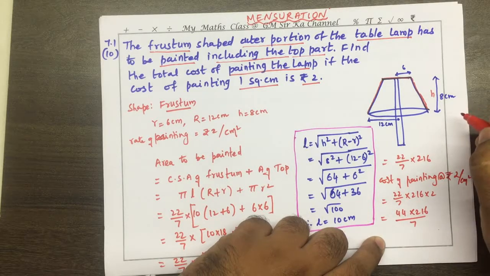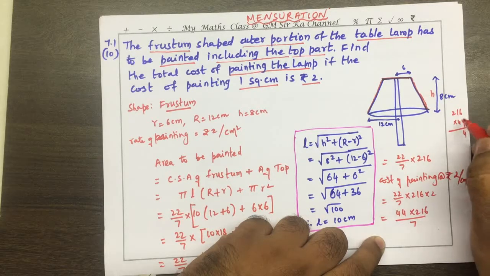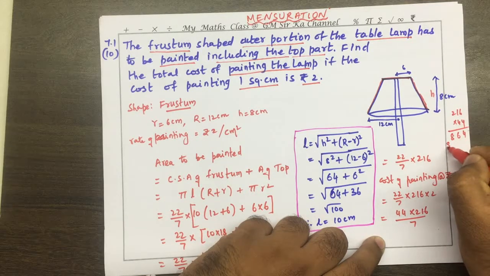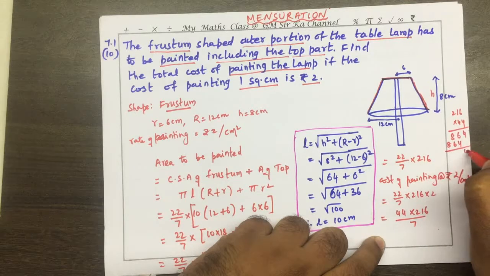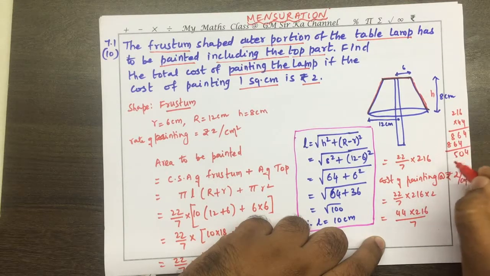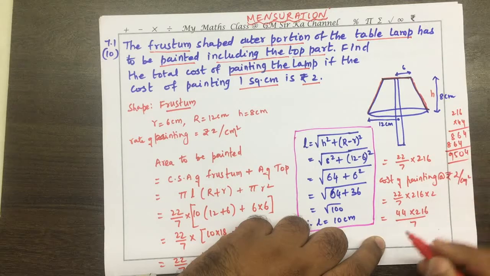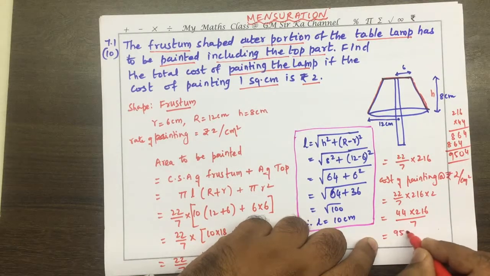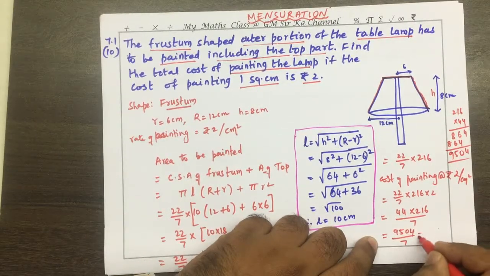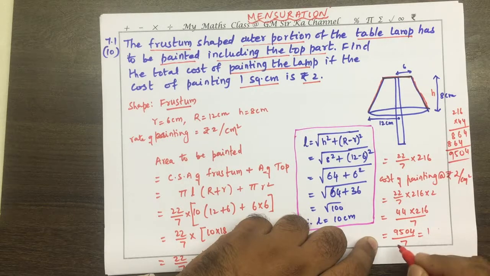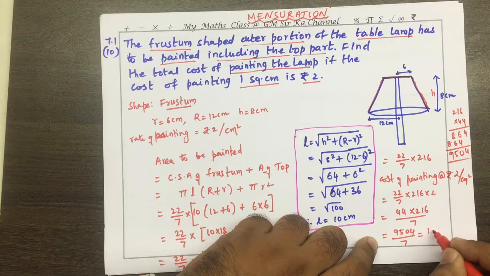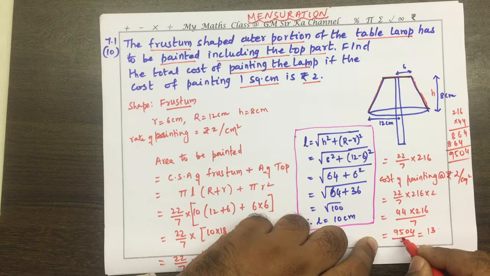So we have 216 into 44, which is 9504, divided by 7.